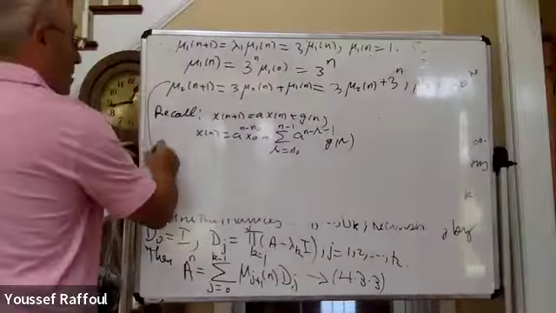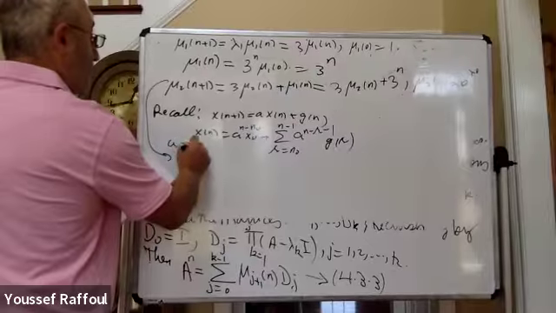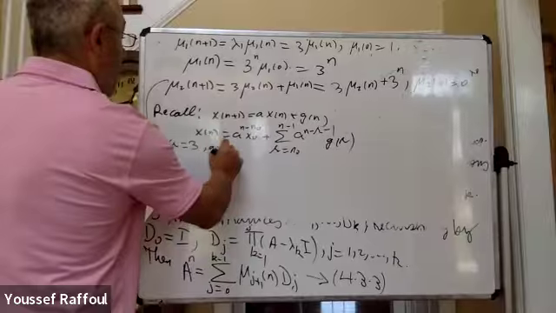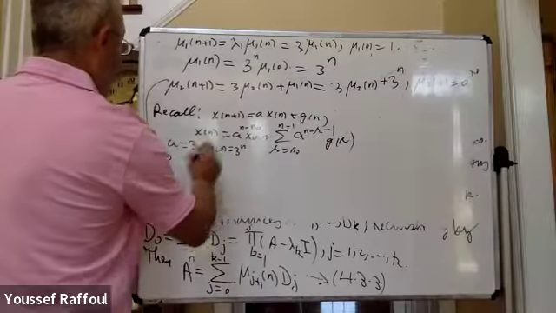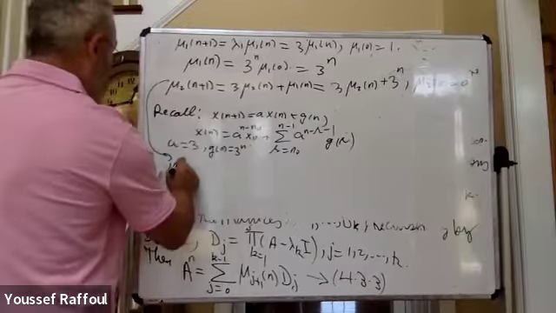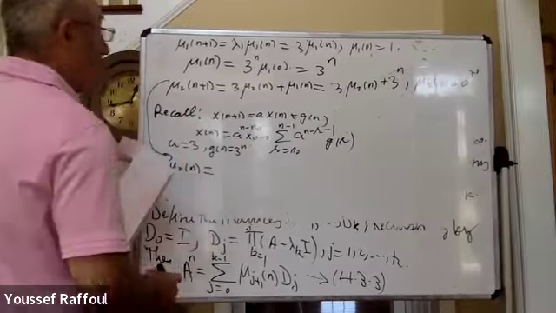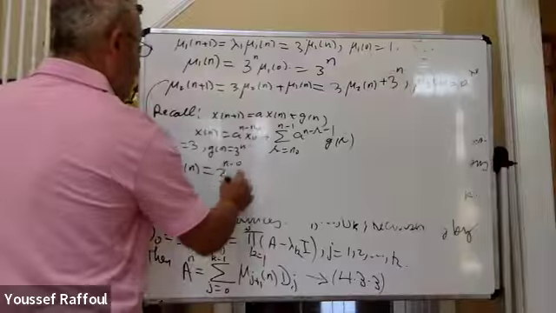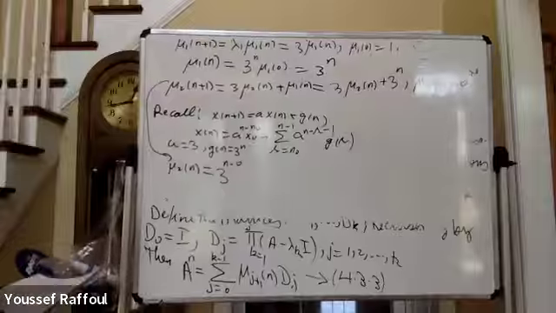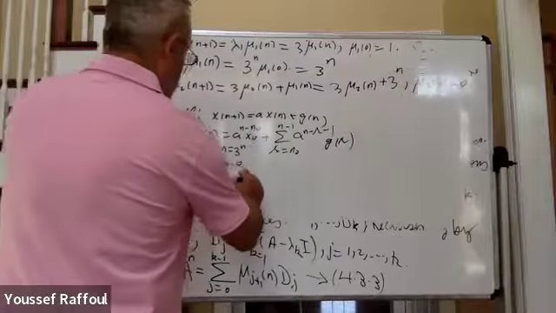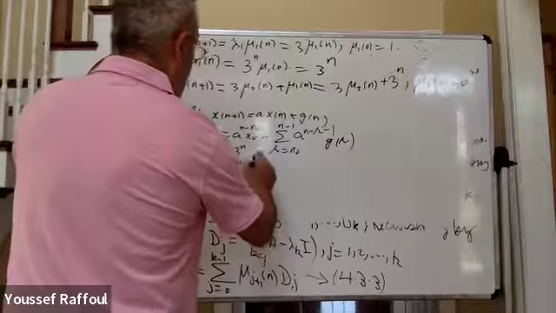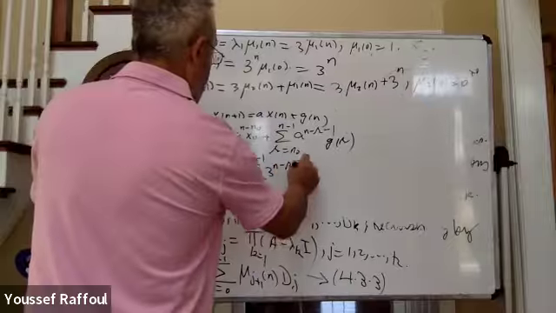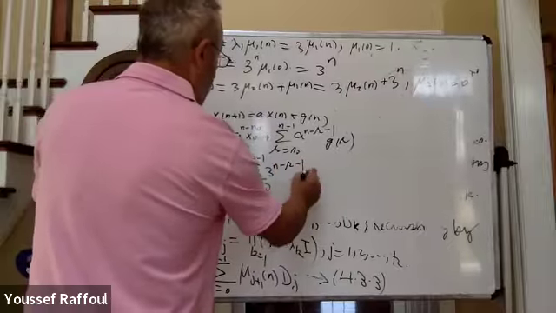And so here a is 3 and g of n is 3 to the power n. So mu2 of n is 3 to the power n minus 0 times mu2 of 0, because n naught is 0, plus the sum r equals 0 to n minus 1 of 3 to the n minus r minus 1 times 3 to the power r.